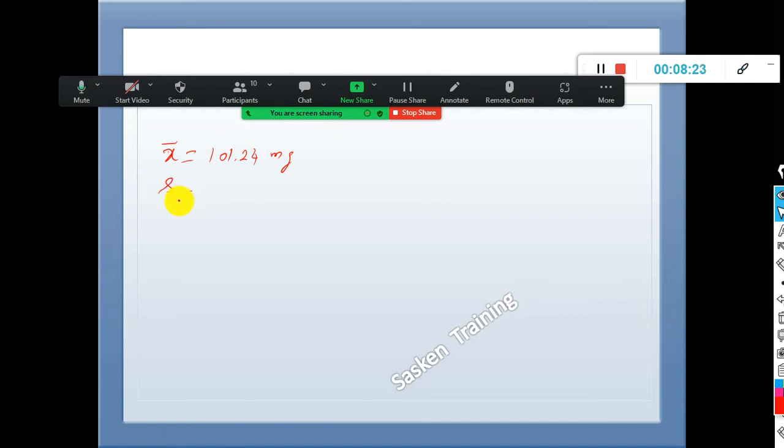The standard deviation for the sample, we use the notation small s, is 2.48. And the sample size is n equal to 10.